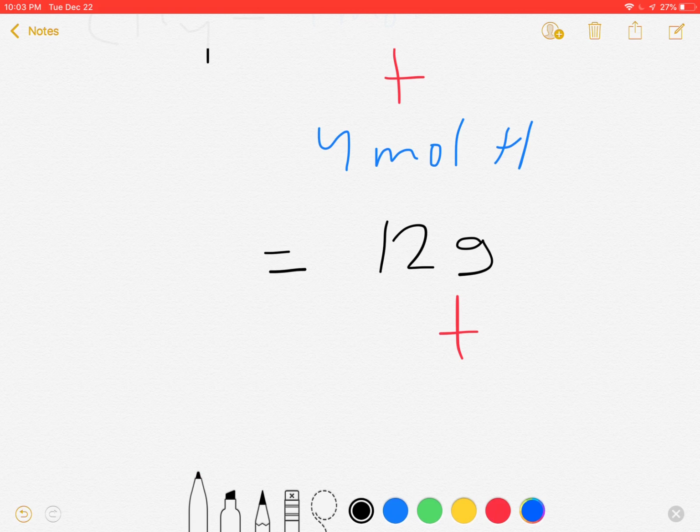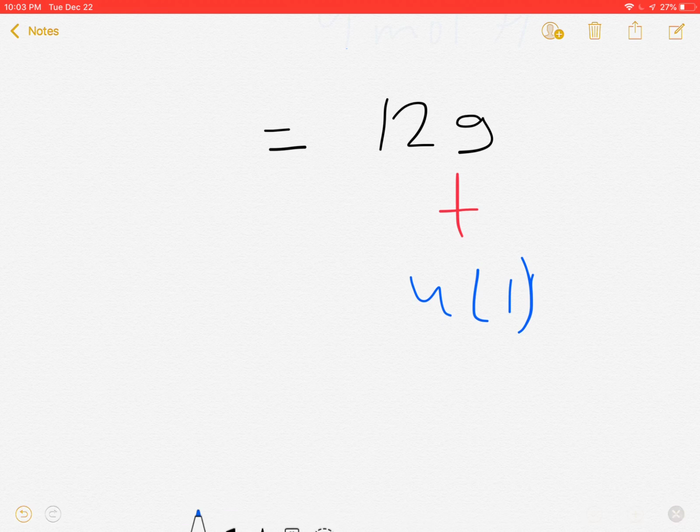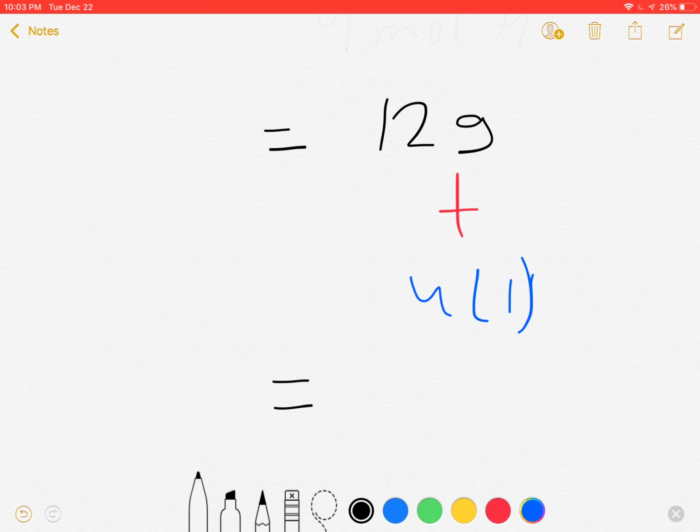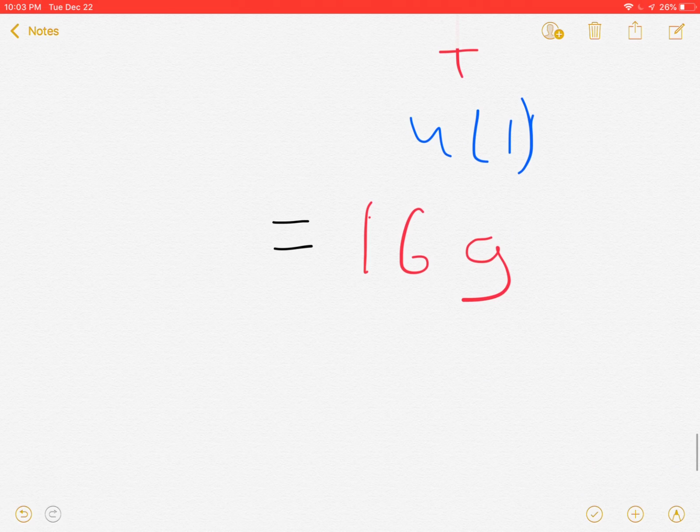So in total, 1 mole of CH4 is 12 plus 4, 16 grams. Perfect.